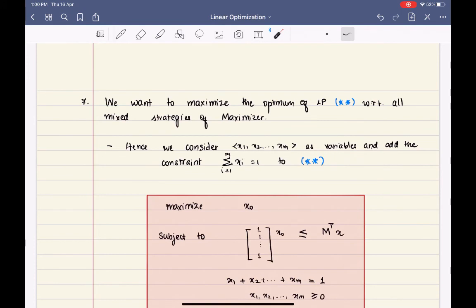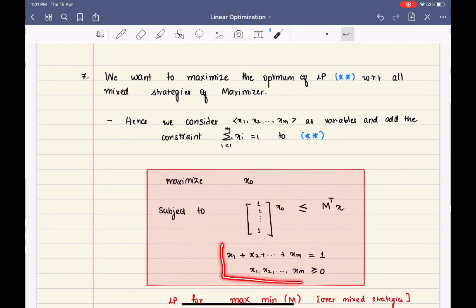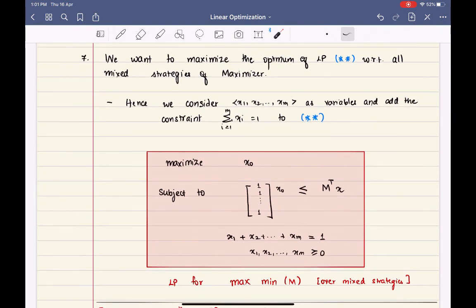The only thing left is to consider x1 till xm as variables and add the constraints that this is a probability distribution. The variables form a probability distribution, and still you want to maximize x0. And this will give us the LP for computing the max min. So here we have crucially used the dual and changed the min problem to a max problem, and we wrote it as an LP.